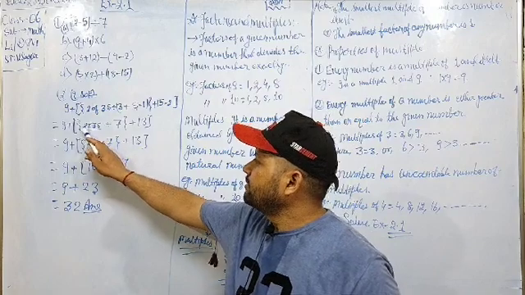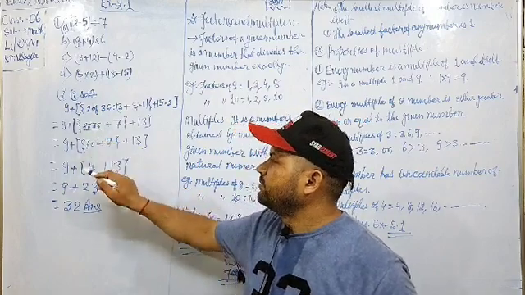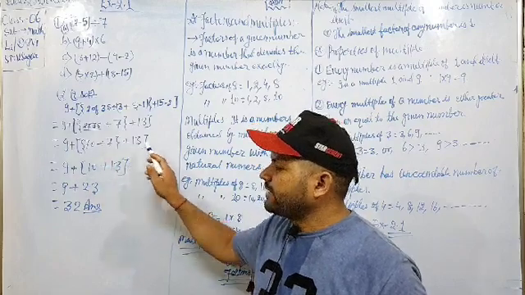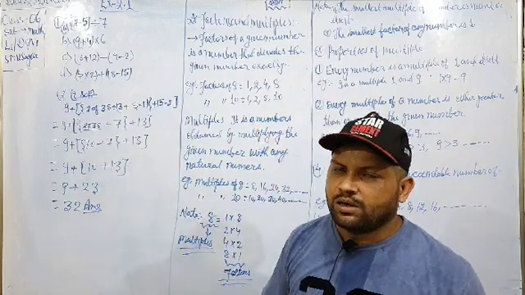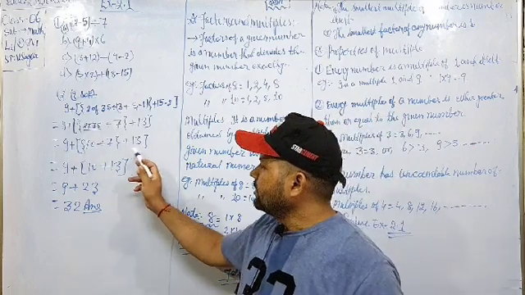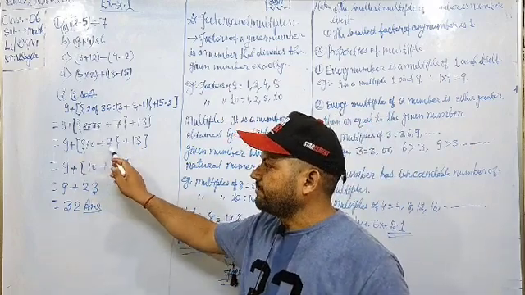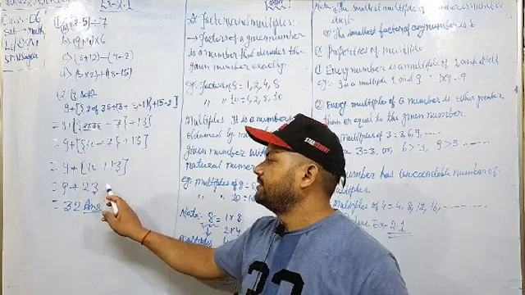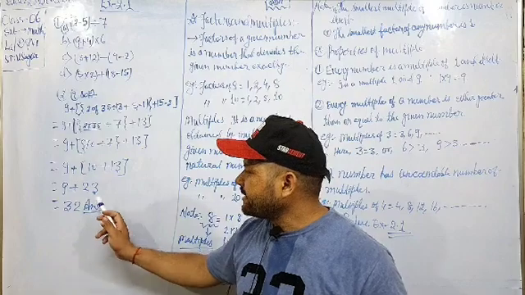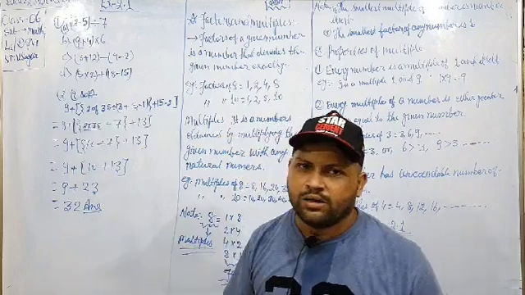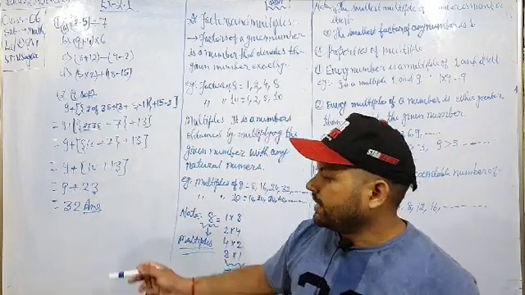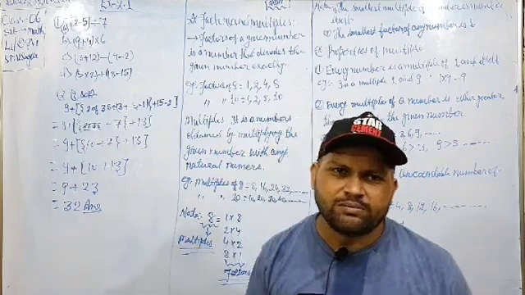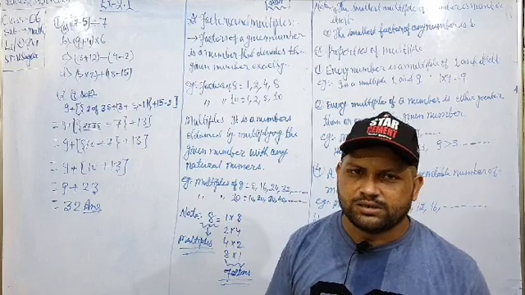That's why we multiply 2 with 35 and obtain 70, then divide by 7 to get 10, and add 13 to it, and then we remove the square bracket and get 23, and add it to 9, so that we get 32. This is the main solution and this is our answer.